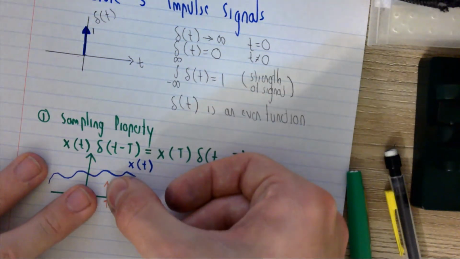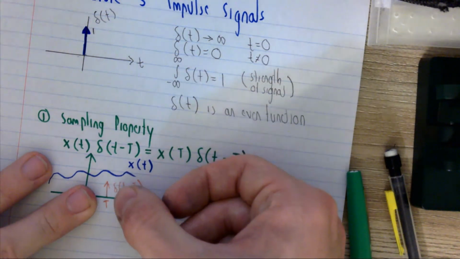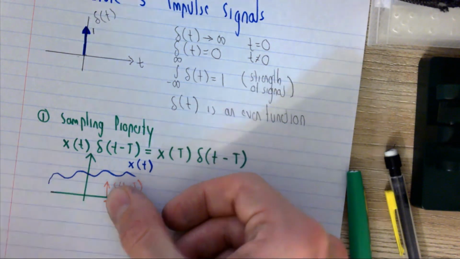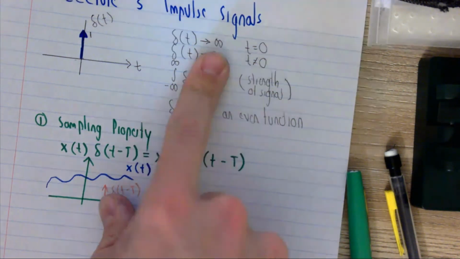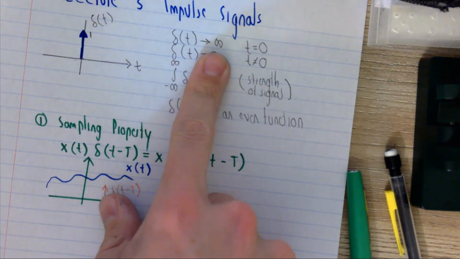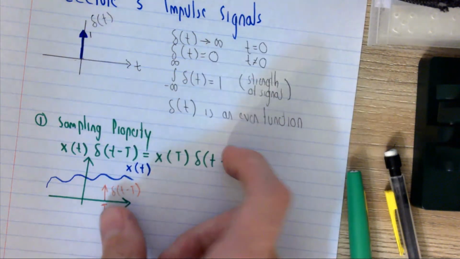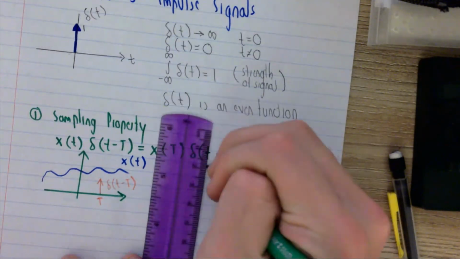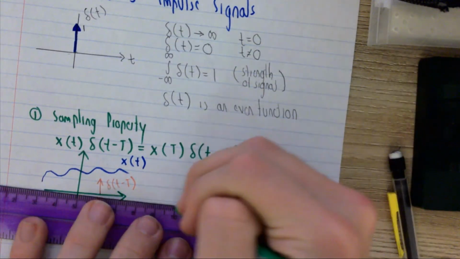And remember, when the delta occurs, it is equal to what we like to say. Remember how I said delta goes to infinity when it takes place? Well, we can write that equivalently if we take that sample specifically at that point.